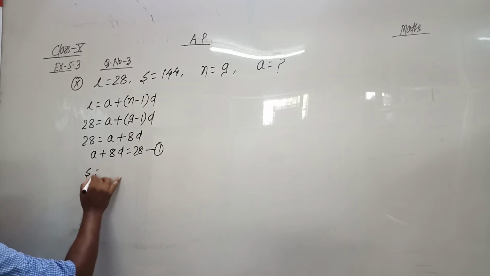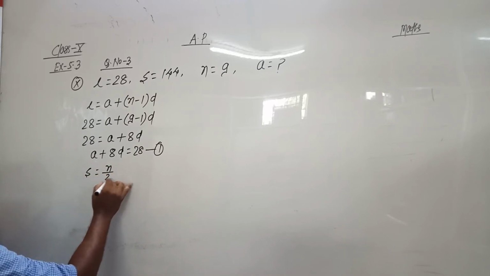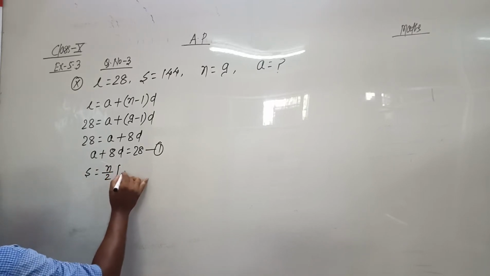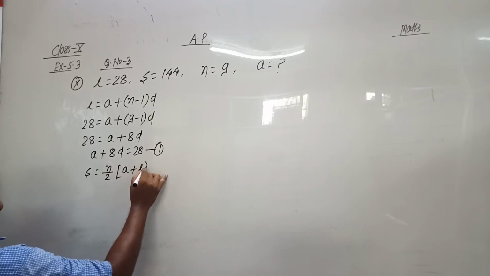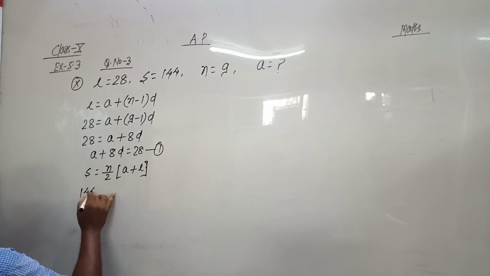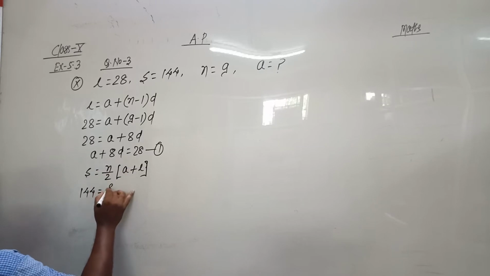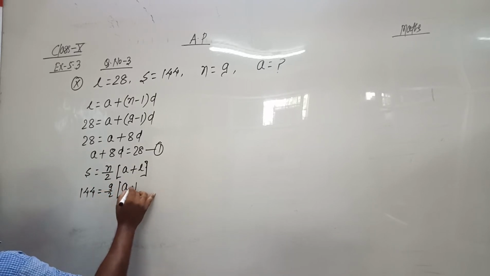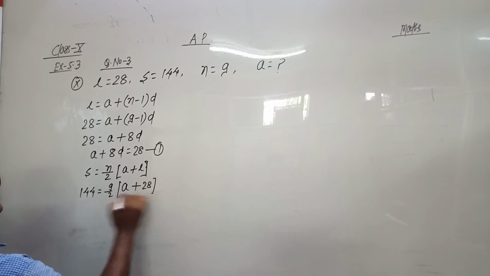The sum is given. The formula for S is n by 2 into (A plus L), first term plus last term. The sum is 144, the number of terms is 9, A is not given and L is 28.